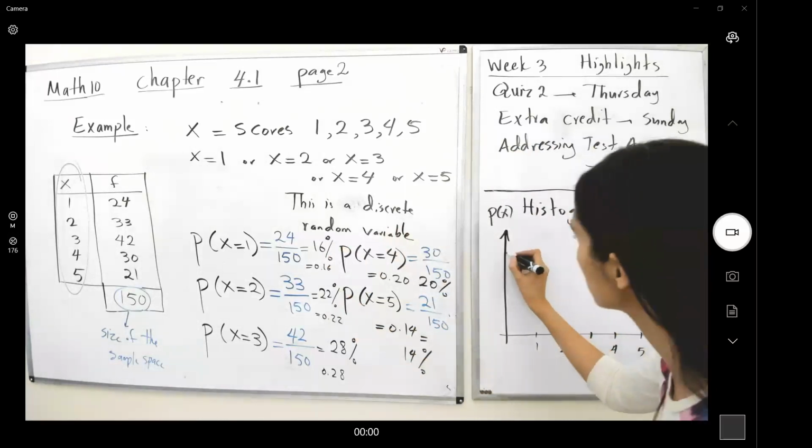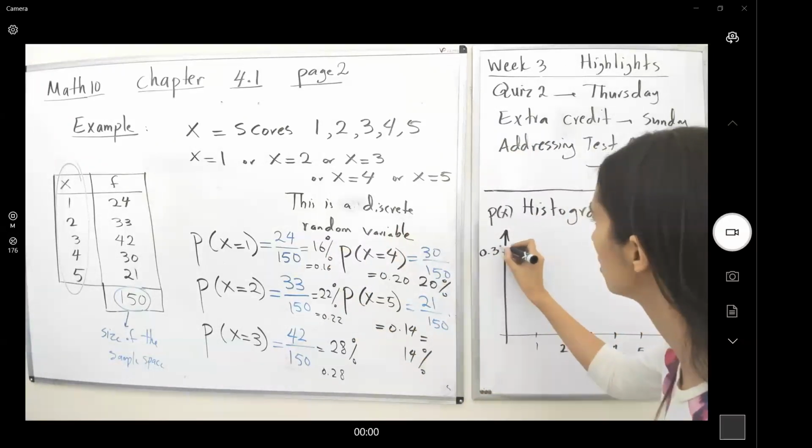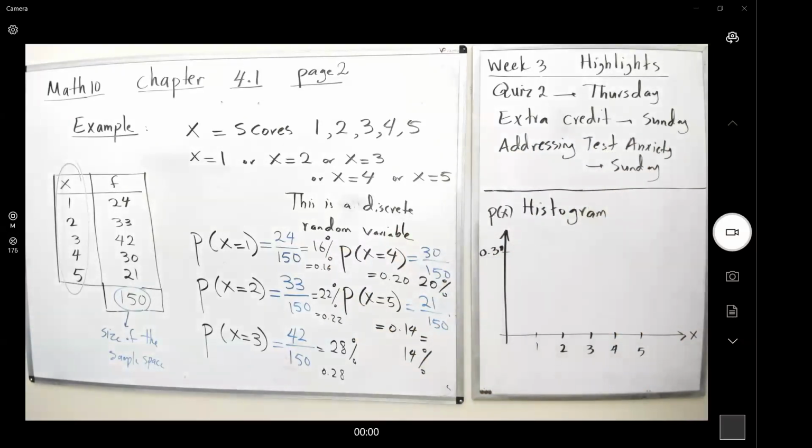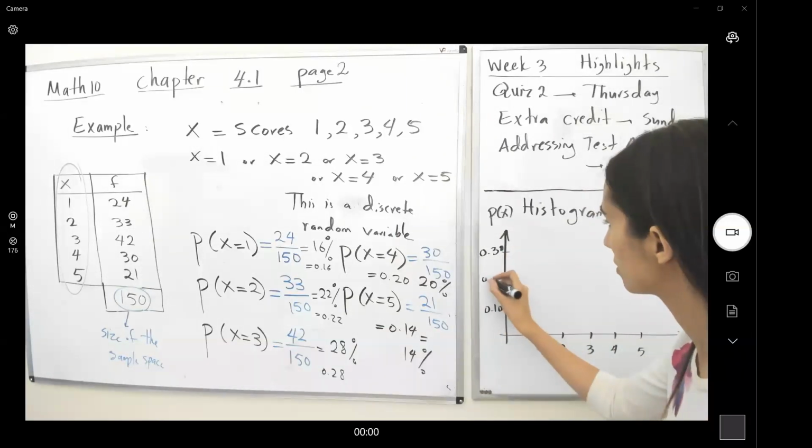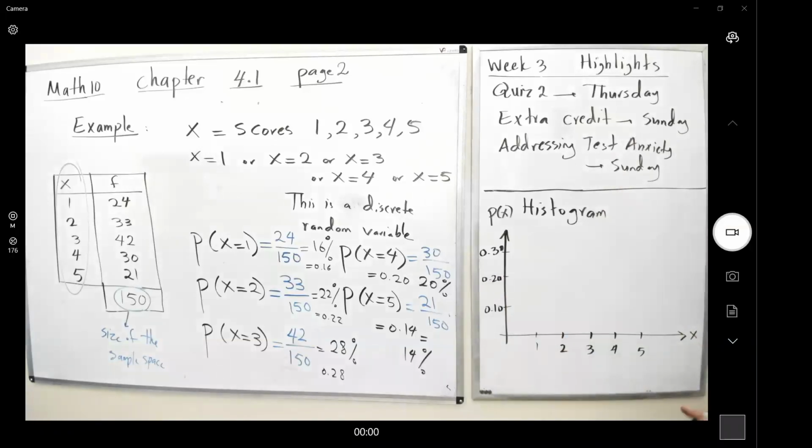So I'm going to scale this to 0.30 or 30%. So I'm going to have 0.10, 0.20. My very first variable is 1.